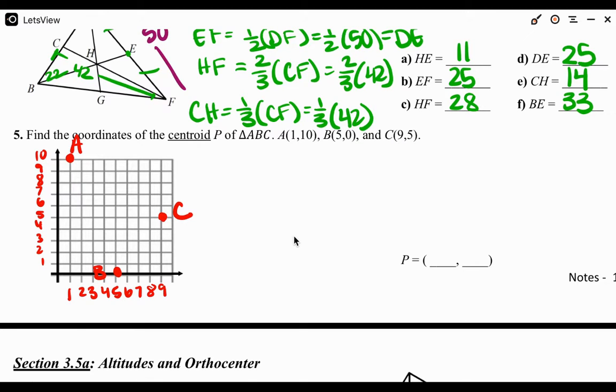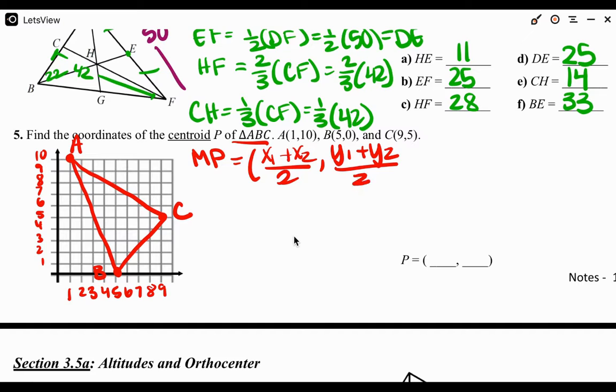Okay, so connect your points of your triangle. So this is triangle ABC. Now to find our centroid, we need to find midpoints. So the midpoint formula, remember that's x1 plus x2 divided by 2, and y1 plus y2 divided by 2. These are going to be points.